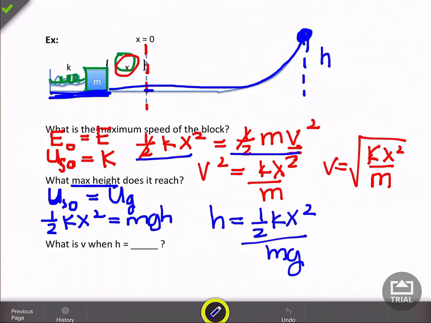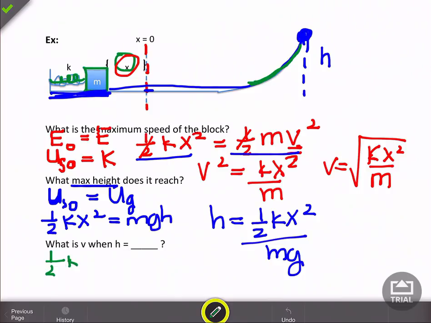The last part of the problem said, what is v when h equals blank? It's really asking for you to come up with a generic formula to be able to solve for the velocity when we are at any height up here, because at any point up on this incline, it's going to be moving and it's going to be off the ground. So again, we'd set up our conservation of energy equation. Still at the beginning, we have all spring potential energy.